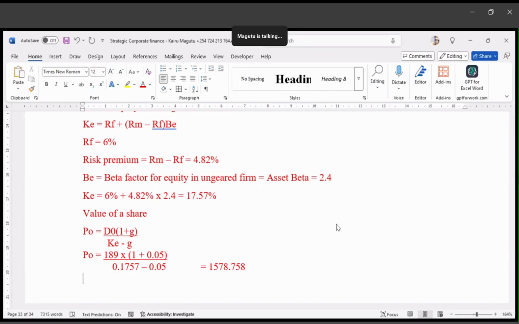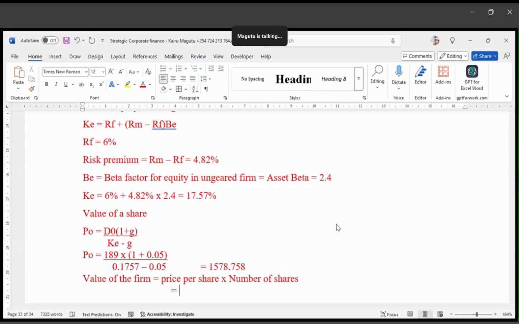But again, remember it is the value of the firm. Value of the firm is equal to price per share multiplied by the number of shares.